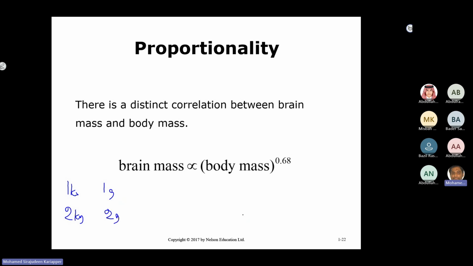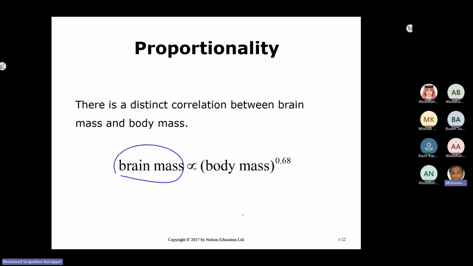Not necessarily linear, but there seems to be some connection, correlation. So people took a lot of data between different species, not the same human. Human as one species, one particular bird, another species, and so on. And they found there seems to be a rough correlation.